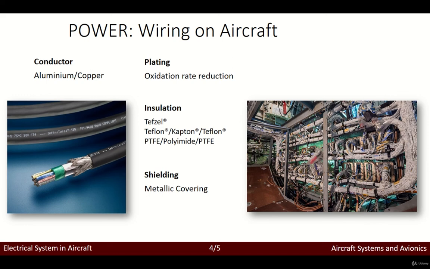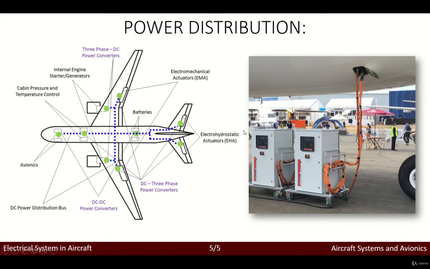Right, so what else? This is a bit of a schematic of the whole electrical system, okay? Many users we have are the avionics. Here we have the DC power distribution bus, which is over here. Again, we have the generators on the engines, as we mentioned before.